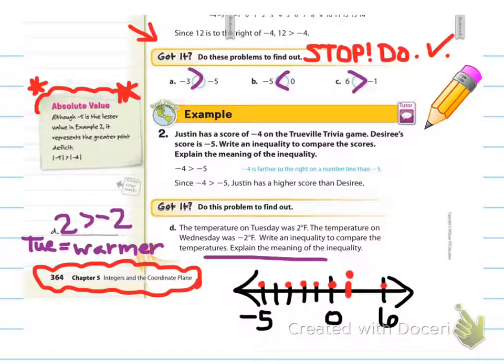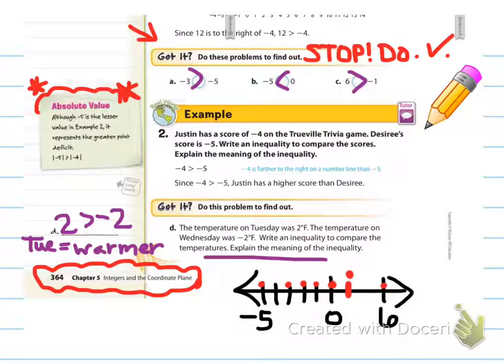And then notice the example number 2, comparing trivia scores. -4 points is greater than -5 points. You're talking about losing points. And again, -4 is closer to 0, so the number on the left side is the smaller number.